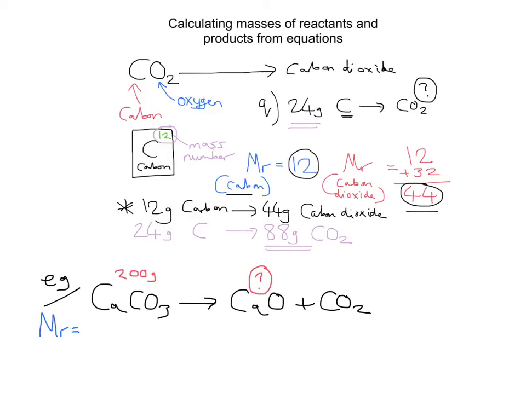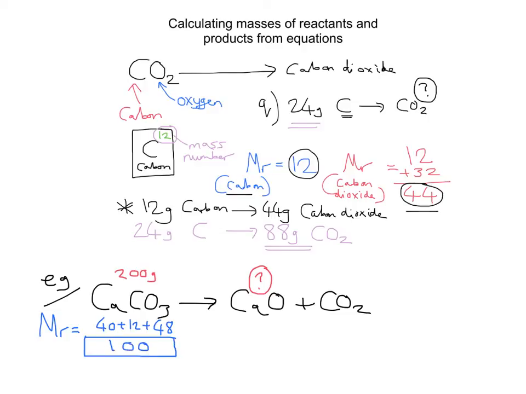Calcium has a relative atomic mass of 40, plus carbon, which is 12, plus 3 lots of oxygen, so that's 3 16s. Because remember, oxygen on its own is 16, but we've got 3 lots, and that comes out as 48. So all of that added up gives us a value of 100.